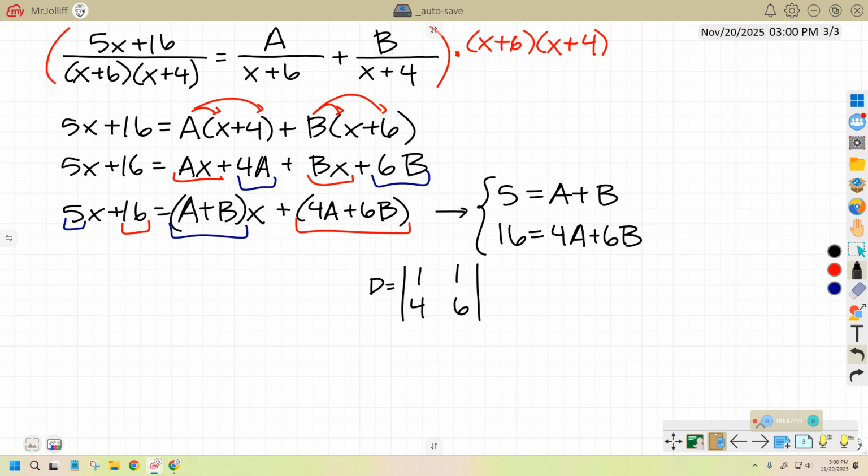I'm going to do that determinant right now. I get 1 times 6 minus 4 times 1, which is 2. Assuming I did that correctly. And I'm going to do the same thing for Dx and Dy.